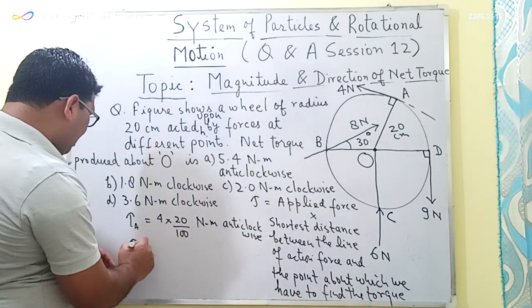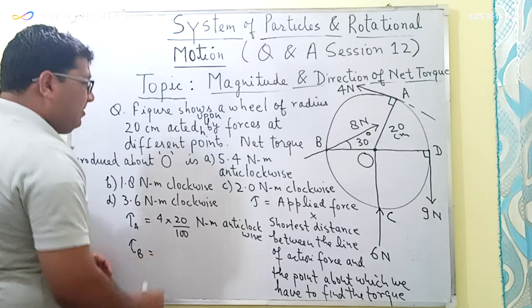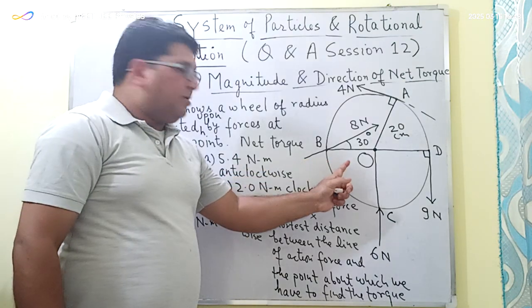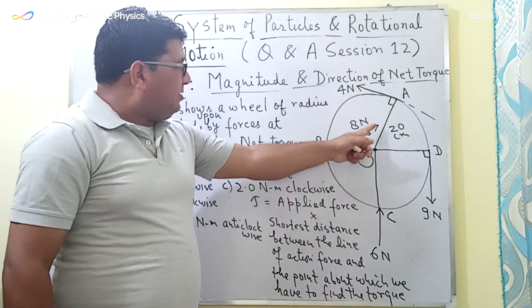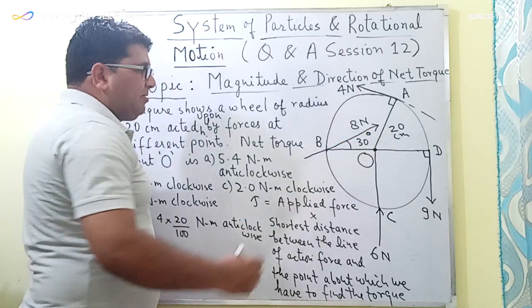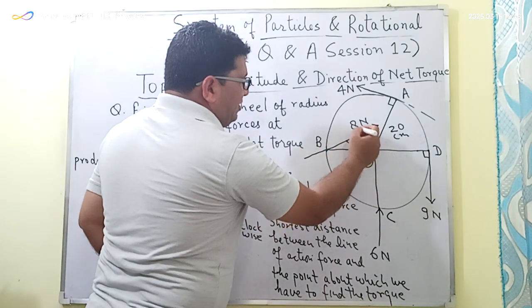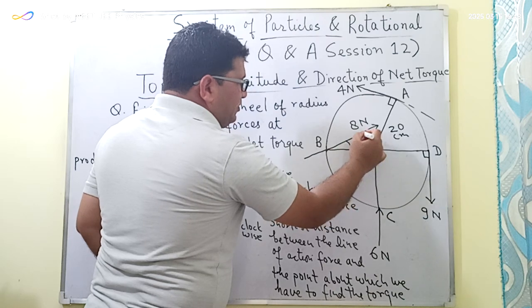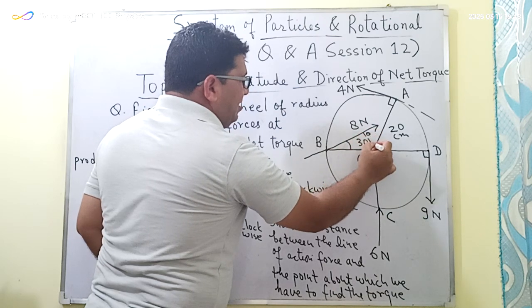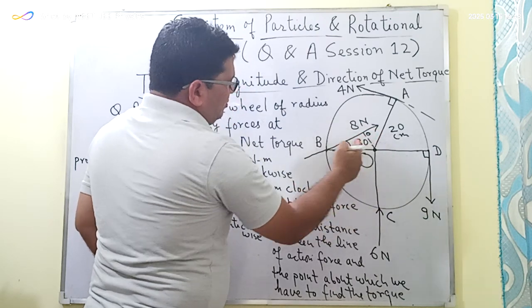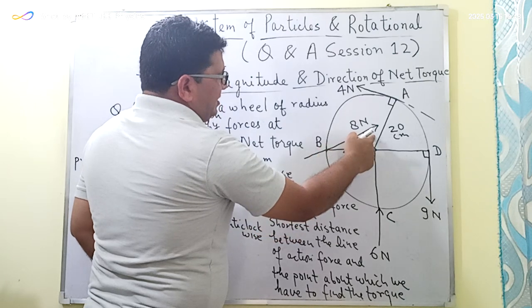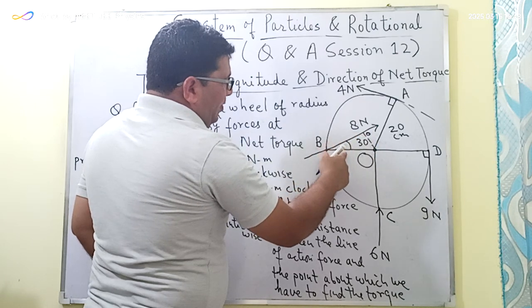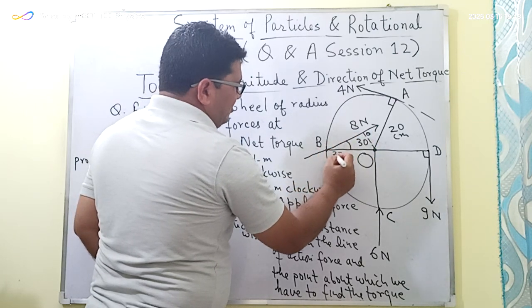Now the torque due to the force at B will be equal to the magnitude of force, which is 8, multiplied by the shortest distance between the line of action of force and the point about which we have to find the torque. This shortest distance is the perpendicular distance. The angle is 30, and the hypotenuse is 20 centimeter, the radius of the wheel.